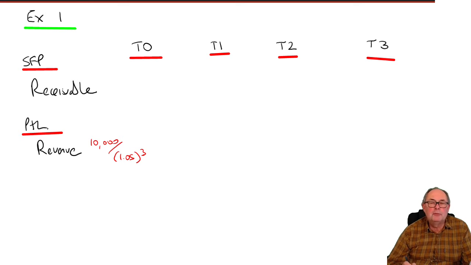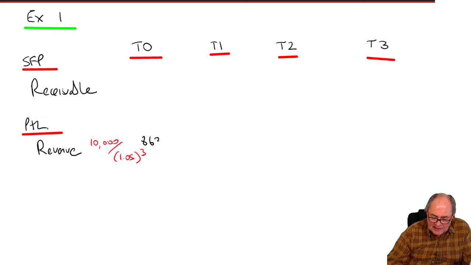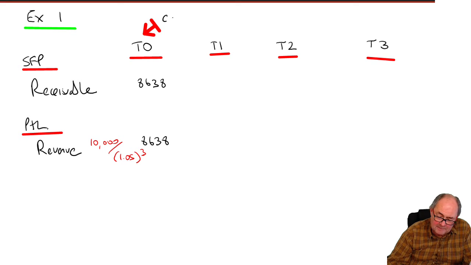So I would book revenue on the actual transfer of the car. If I round, I think that comes out as 8638 with a corresponding receivable. That's the date when the car is delivered to the customer. So this is when the car is given to the customer.